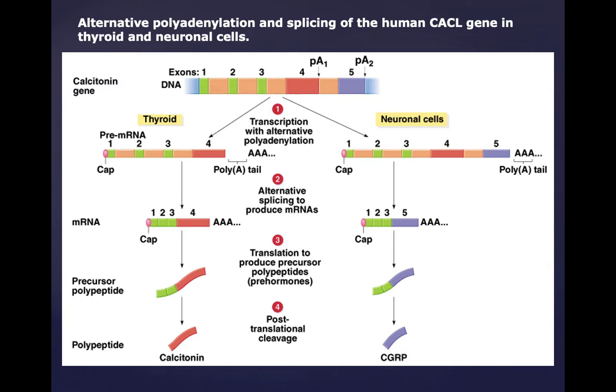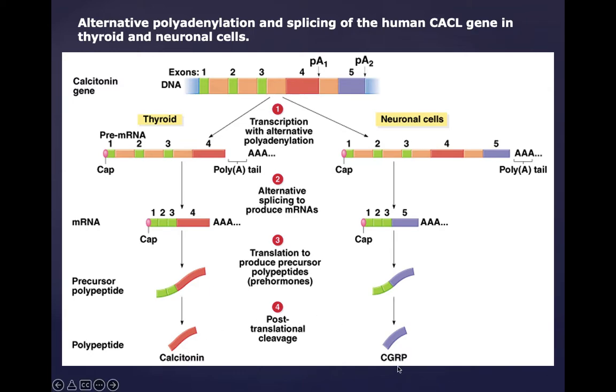Because of that, we expect a difference in the final genetic instruction, and eventually translation will lead to the production of the peptide. For the case of thyroid, we have calcitonin, and for neuronal cells, we have calcitonin gene-related peptide. It's not essentially calcitonin per se in terms of its nature, because it has some differences when compared to the calcitonin protein.